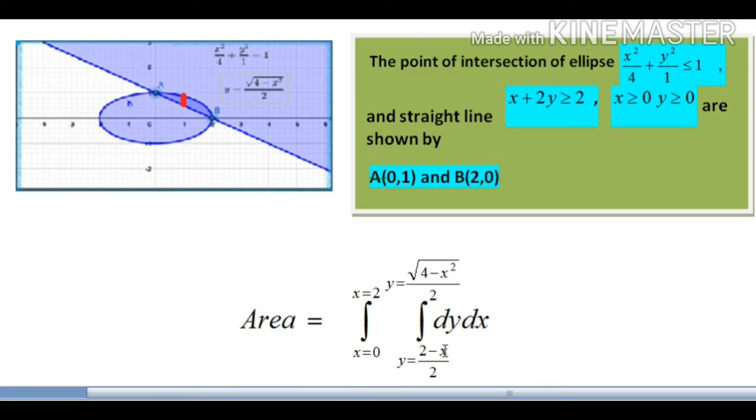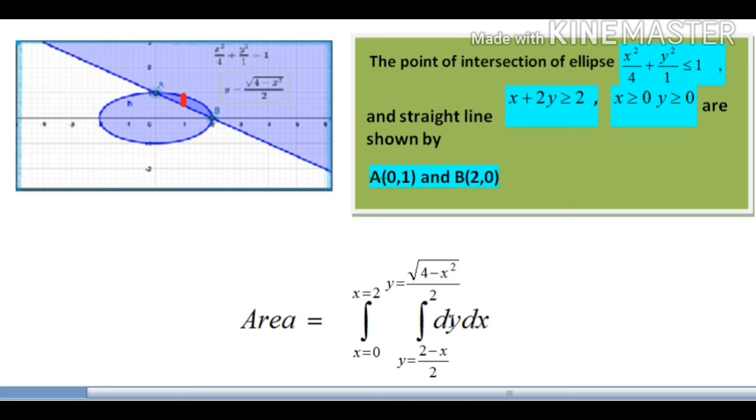Next, now the order is dy dx, because the strip is vertical. So first you have to find the limits for y. Your y varies from the straight line to the ellipse. On the straight line, y is (2 minus x) by 2, and on the ellipse y is, you solve it for y, under root 4 minus x square by 2.